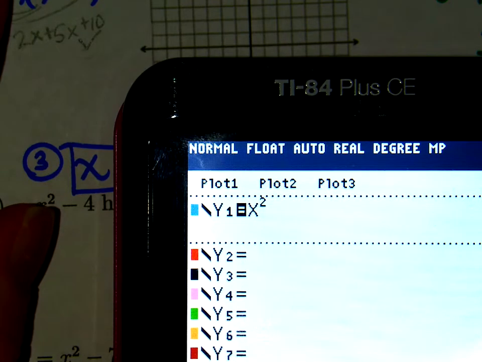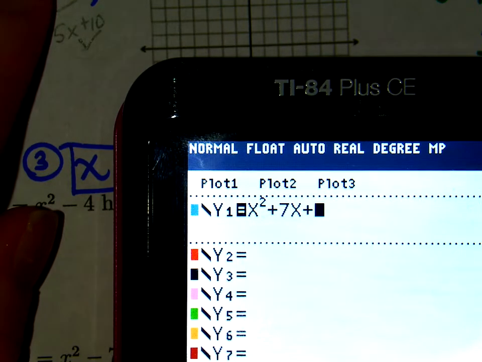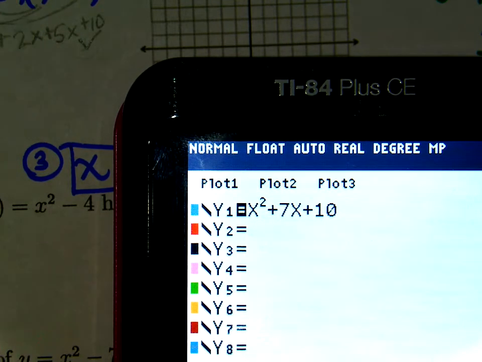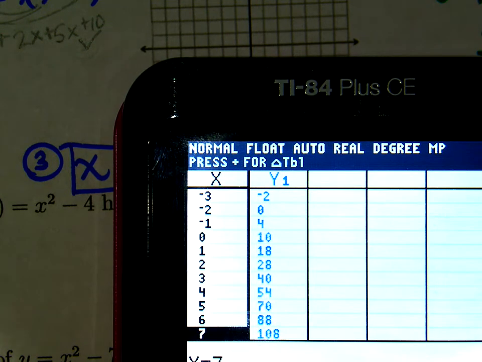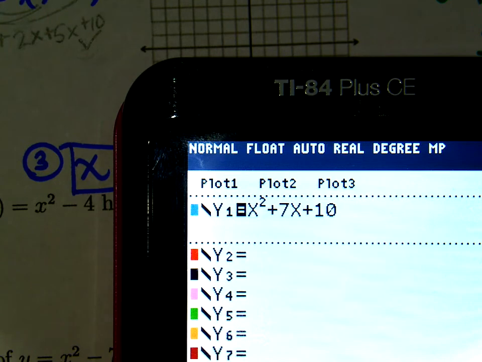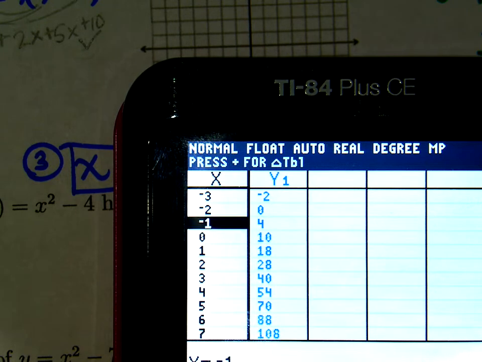Okay, clear. X squared plus 7x's plus 10. And second table. Okay, so we just said the vertex is at -3.5. Sorry. -3.5.